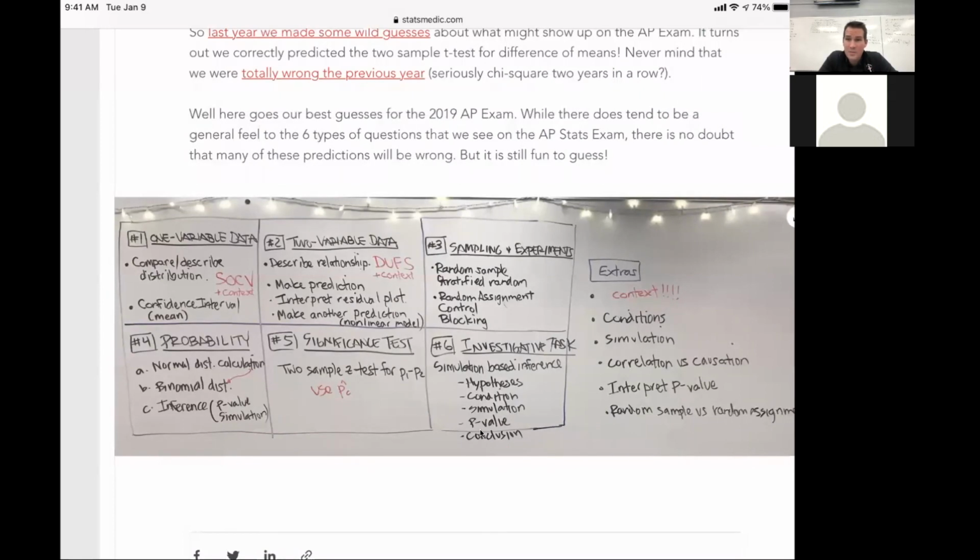If you're given a simulation, of course, with a simulation, you want to somehow devise an idea of randomness or blocking. We've talked about different ways of doing that, cluster samples. Always be aware of correlation versus causation statements. Just because two things have an association does not mean that one necessarily causes the other, especially in observational studies.